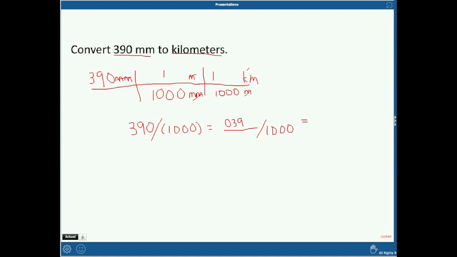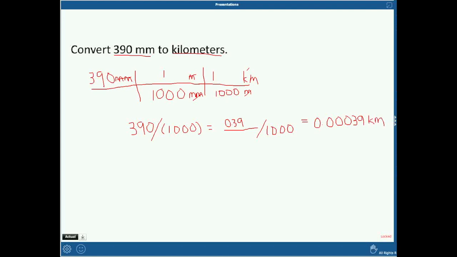So now I'm going to take this 0.39 and divide that by 1,000 again. When I'm multiplying, it's easier for me to do it in my head, but believe it or not, math is actually not my favorite subject.